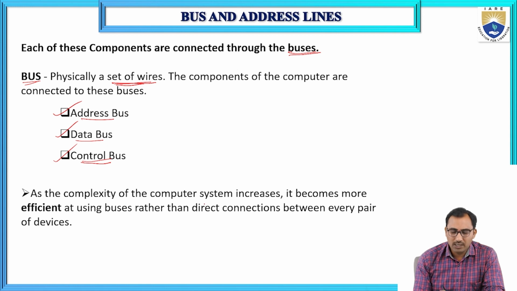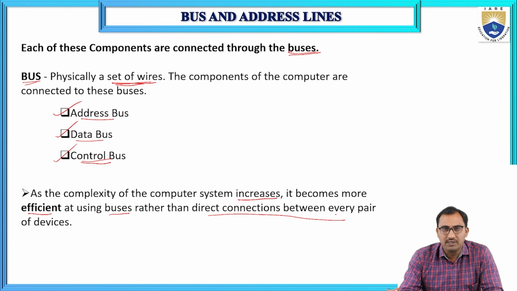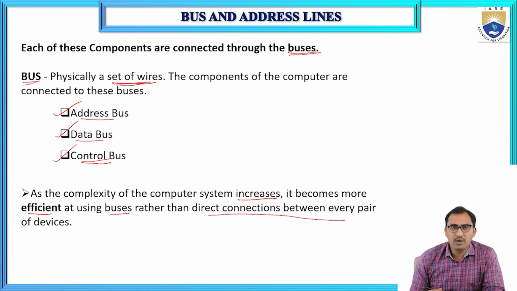As the complexity of the computer system increases, it becomes more efficient to use buses rather than direct connections between every pair of devices. If we made direct connections between these devices, we would require more wires. If there are more wires, the complexity of the system increases, and power consumption and cost also increase.